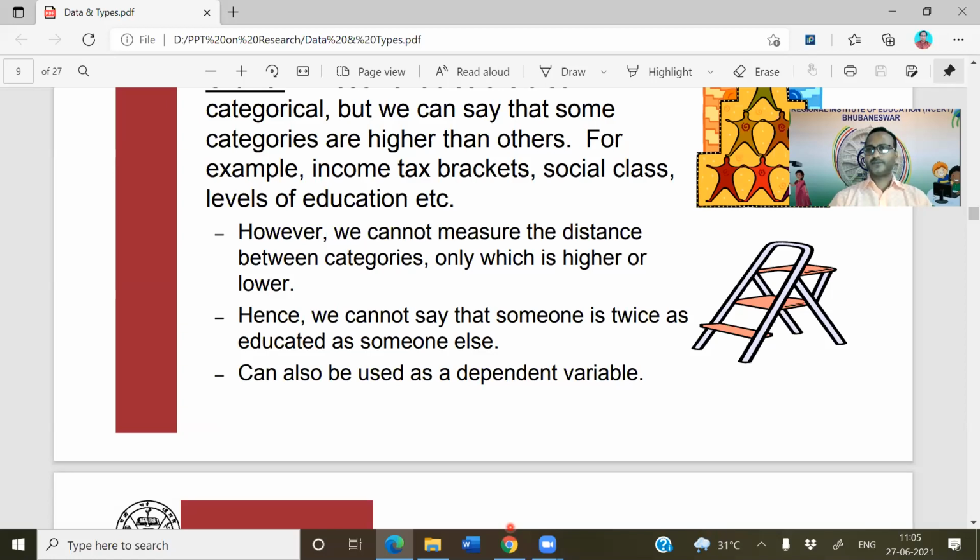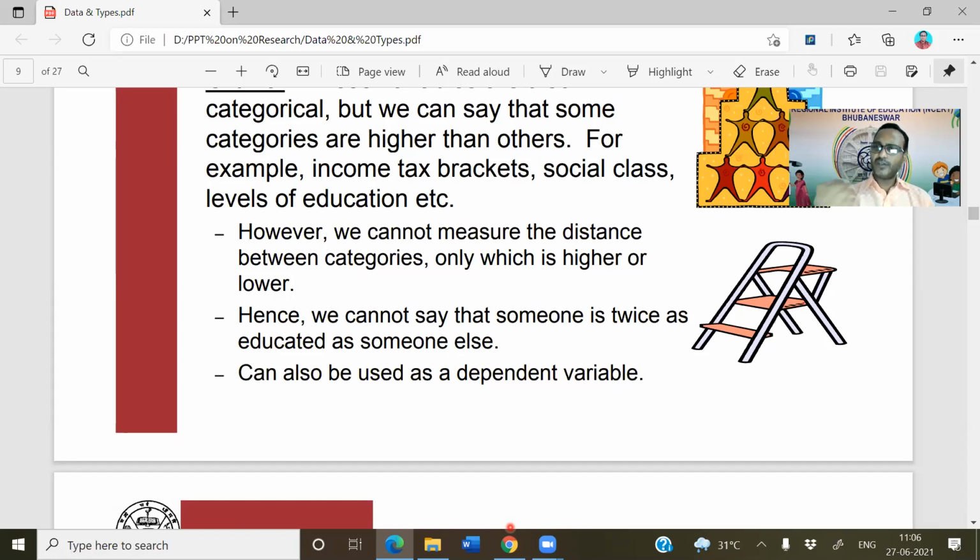So when your data is collected in ordinal scale, you can use the median as a central tendency.